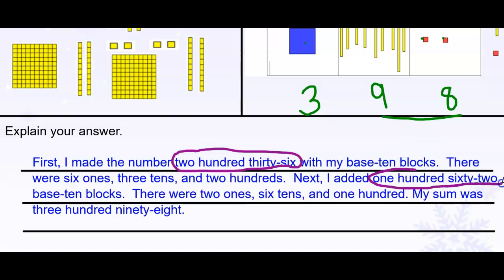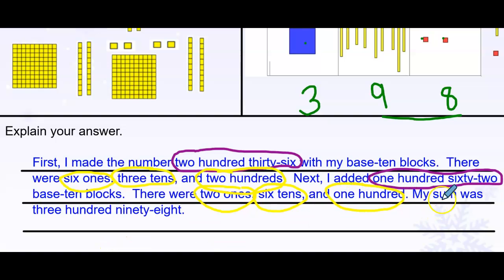After we talked about the number 236, we talked about each place value that the number had: 6 ones, 3 tens, and 2 hundreds. And for the number 162, we talked about each number in its place value: 2 ones, 6 tens, and 100.